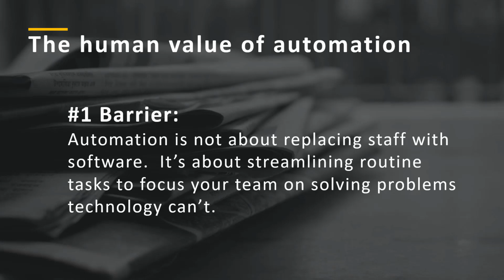Automation empowers your team to solve problems that technology alone can't, making it an asset for both productivity and job satisfaction. And by embracing automation, we create a workplace where human talent is directed toward impactful, meaningful work.